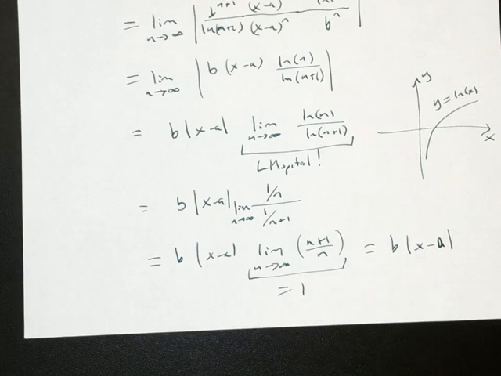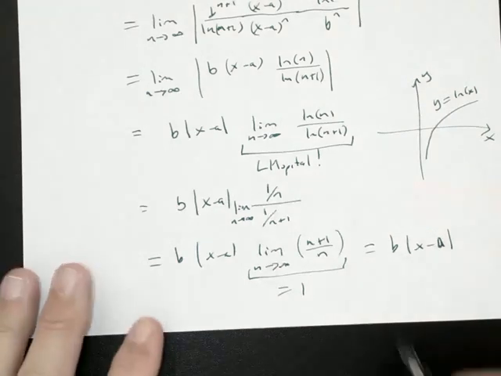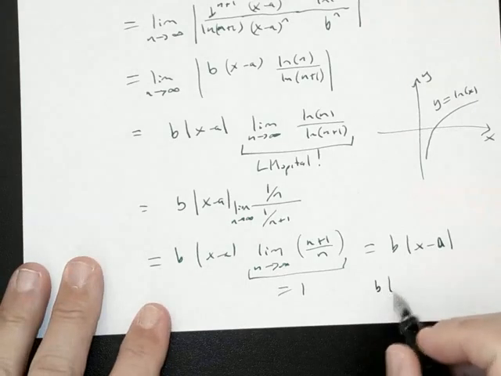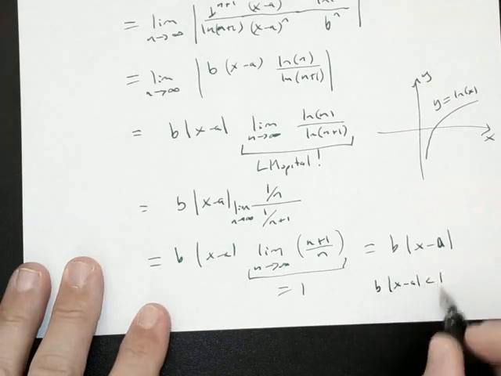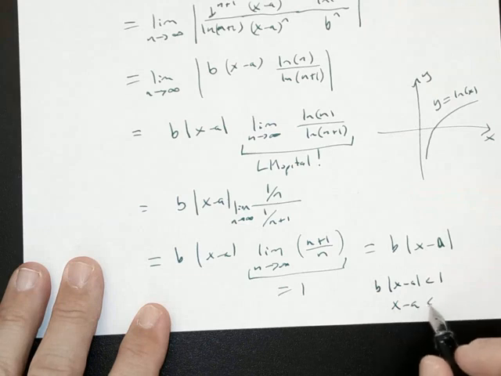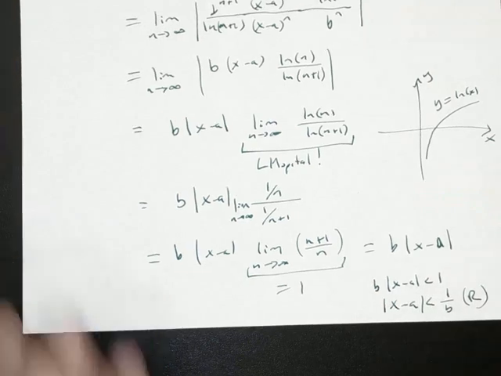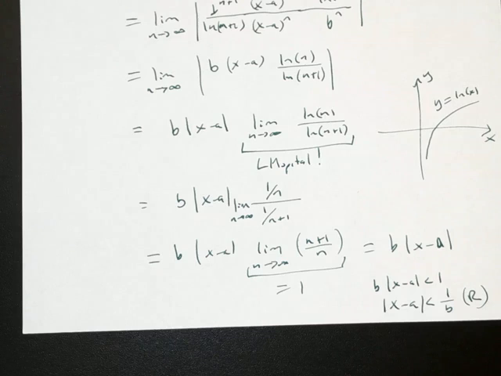Okay, wait a second. I want my limit L to be less than 1 for absolute convergence. There's my radius of convergence right there, 1 over b. Does it ask me for the actual interval of convergence in this problem?